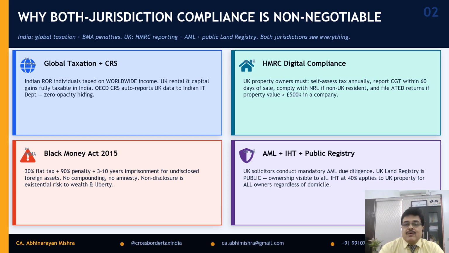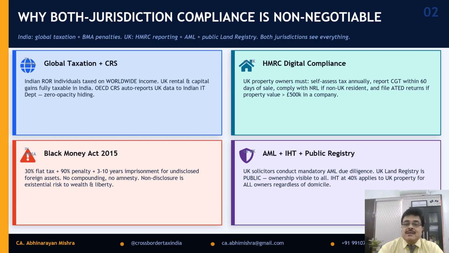Now, if we go further regarding the UK compliance, if you are owning residential property in the UK, you have to pay stamp duty land tax at a standard rate varying from 2% to 12%. But as a non-UK resident, you pay an extra 2% surcharge.